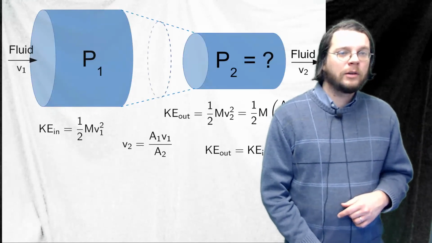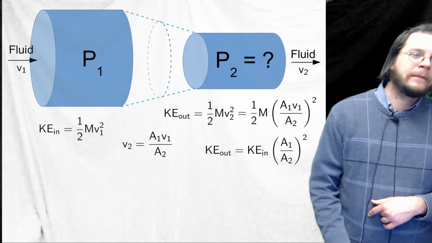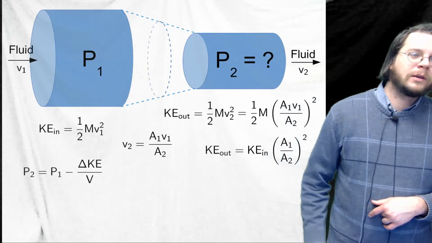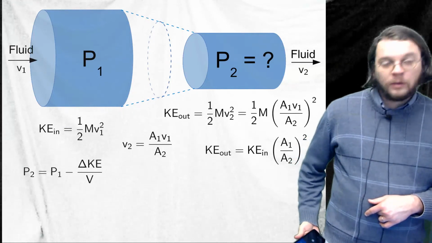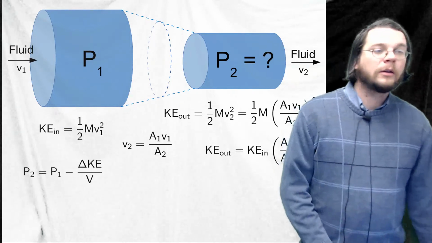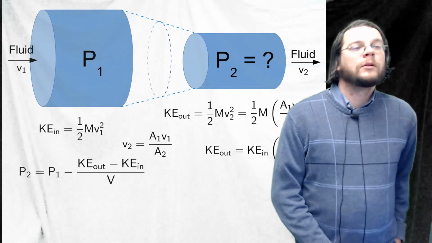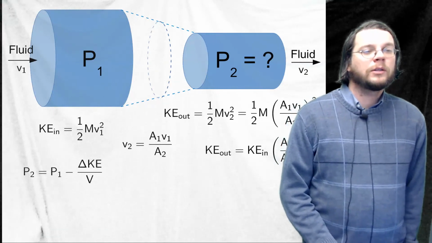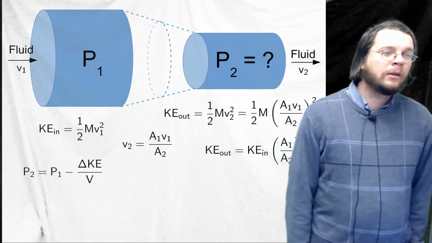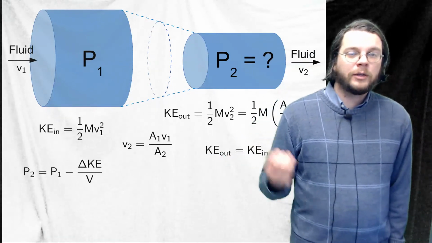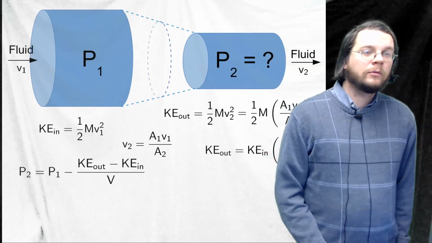So when you think of it this way, and you think about the change in pressure, well, you get something like this. So this pressure we can use as the change in kinetic energy divided by the volume, because remember the pressure is the energy per unit volume. Well, it's going to be something like this.